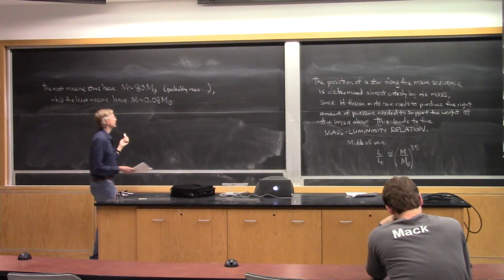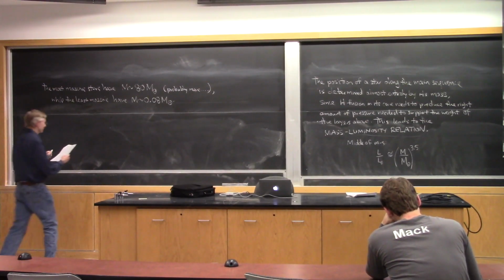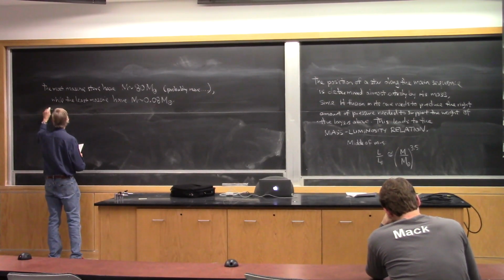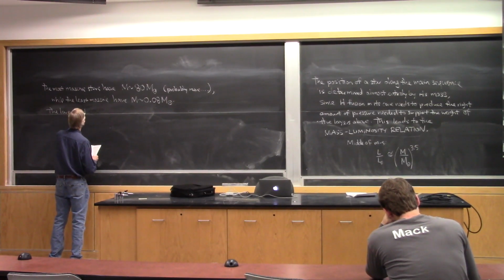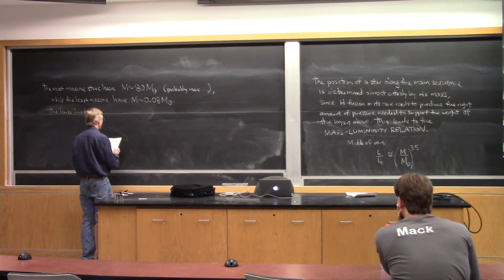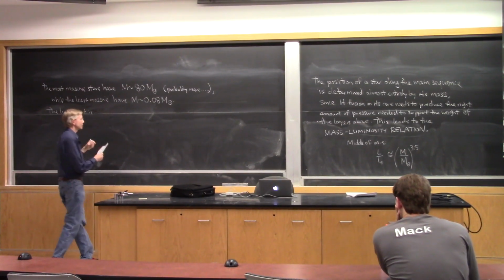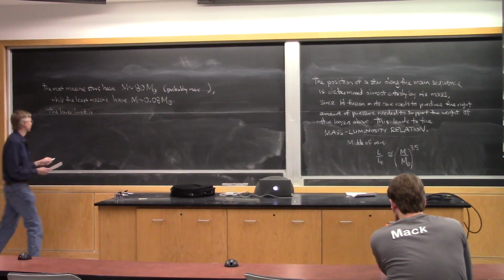Right, and so I just mentioned it, but we're going to talk about what sets those limits. So the lower limit is set by the need to ignite core helium burning via the proton-proton chain that fuses hydrogen into helium.